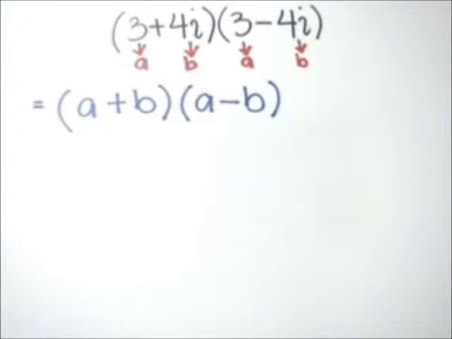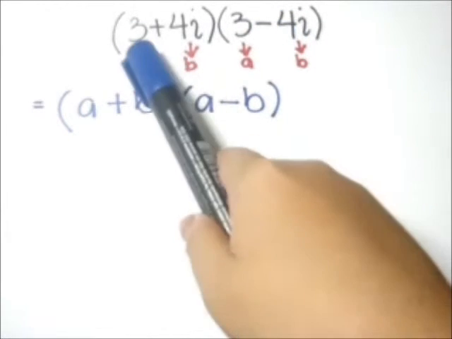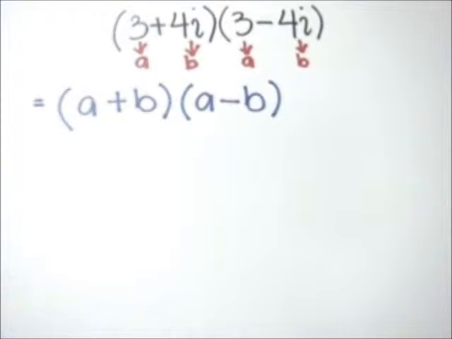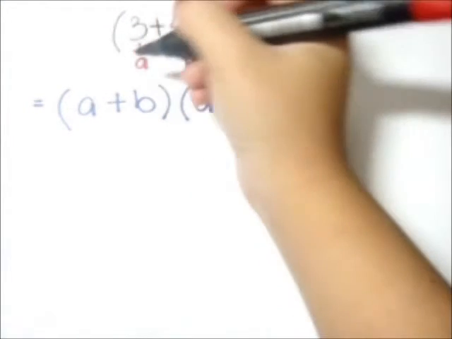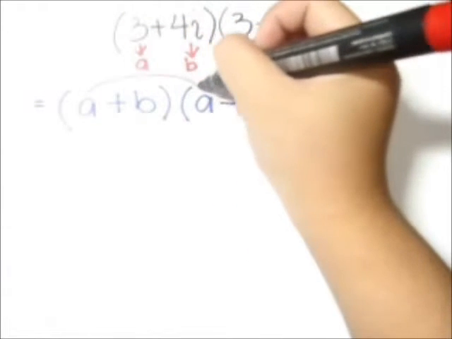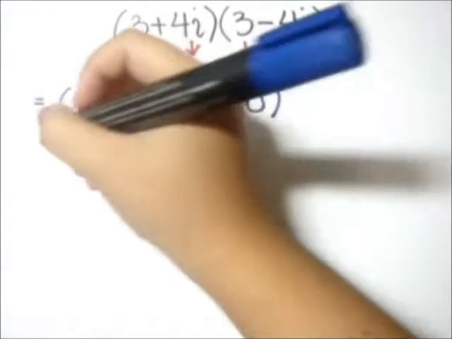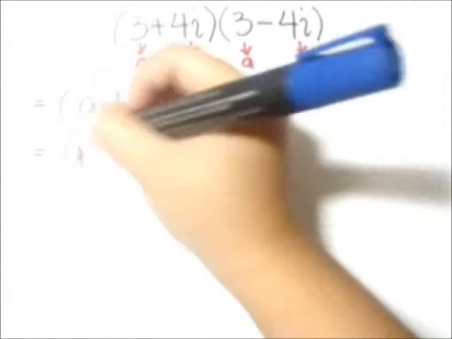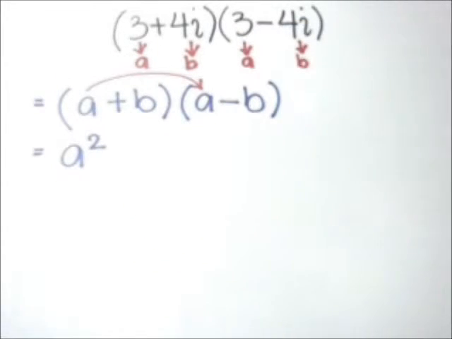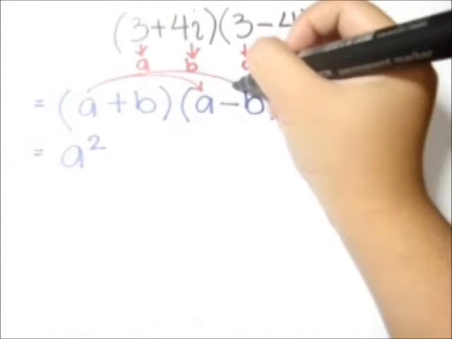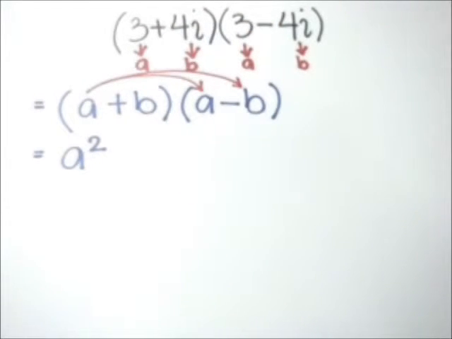As you can see, they have the same terms, but only different operations. So again, we can do the FOIL method here. We multiply A to A, giving us A squared. Next, we multiply A to negative B, in which we get minus AB.